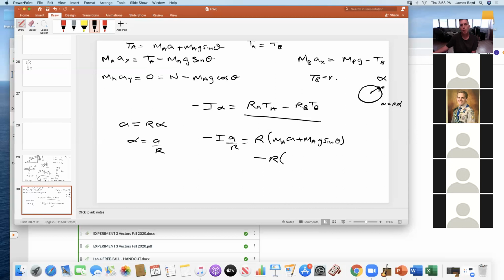TB is MBG minus MBA, right? So MBG minus MBA. We can collect all the A's on the right-hand side, and we get MA plus MB plus I over R squared, all times A.